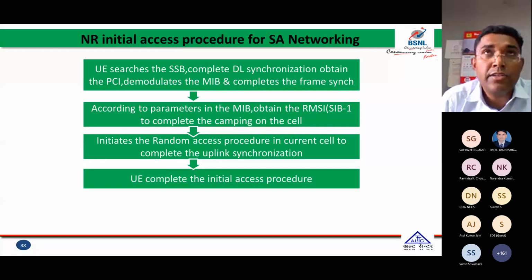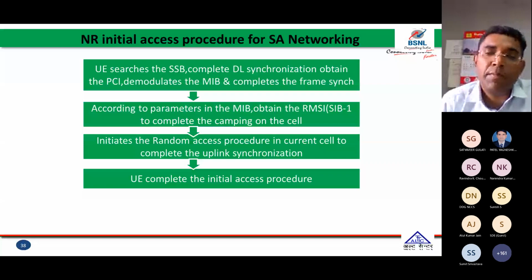In 3G, it uses the scrambling code, primary scrambling code, as an identification code of the base station. And in GSM, they are using the base station identification code, BSIC. They are using the BSIC to identify the base station.